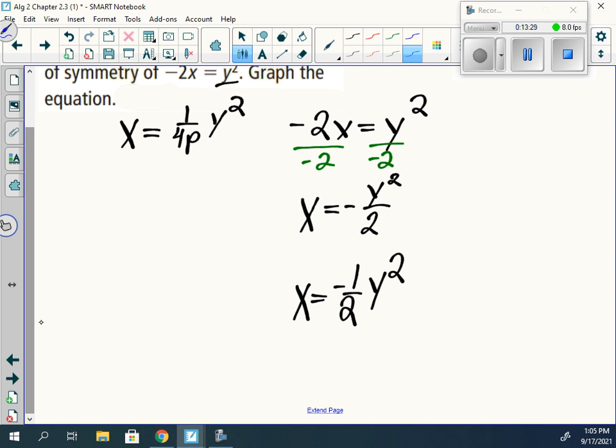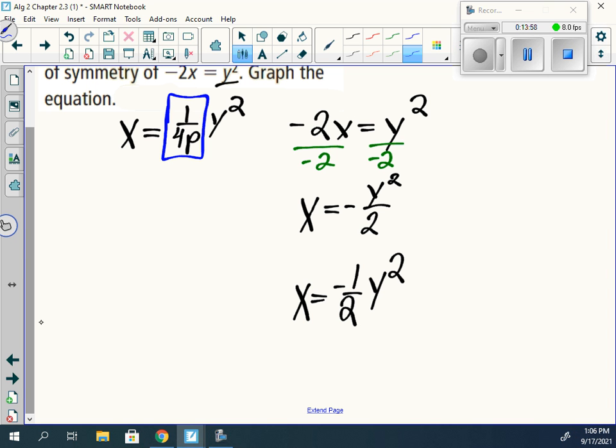Okay, so what do we need to do next to solve for the value of p? Because what we're looking for is the focus, directrix, and axis of symmetry. And to do that, we need the value of p. Well, p shows up in the 1/4p, yes?